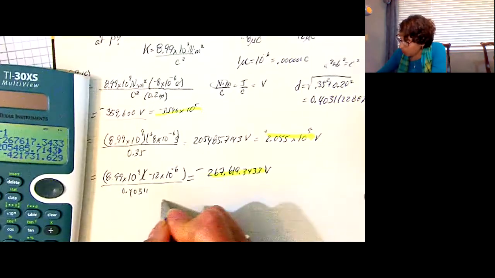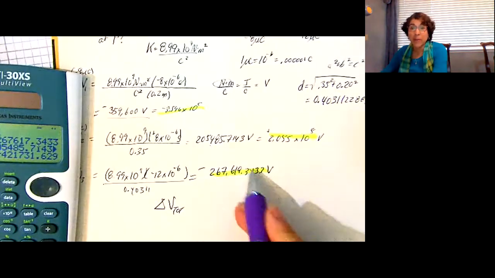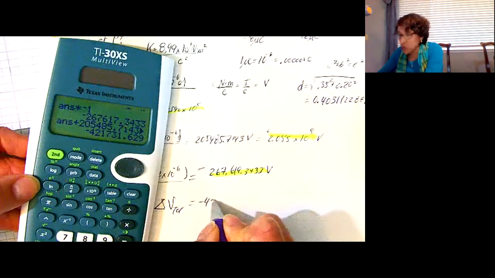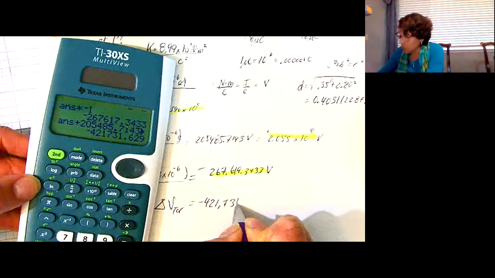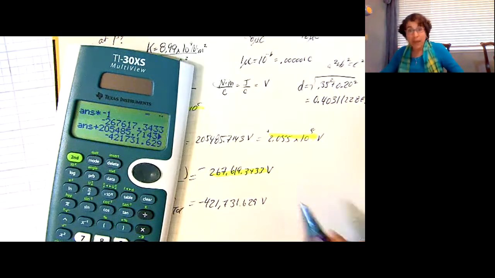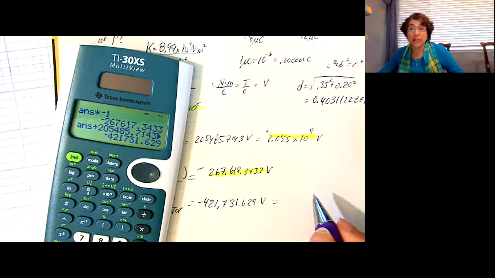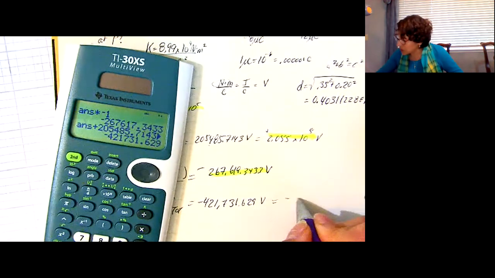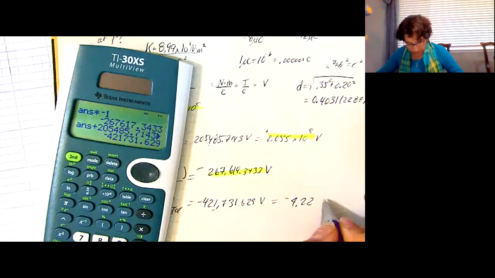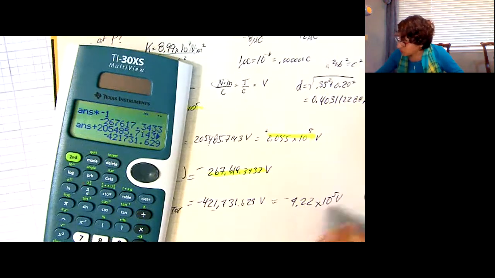So the total change, adding up all these numbers, I got negative 421,731.629 volts. And here's where I would finally reduce it down to significant figures. So this is equal to negative 4.22 times 10 to the 5 volts.